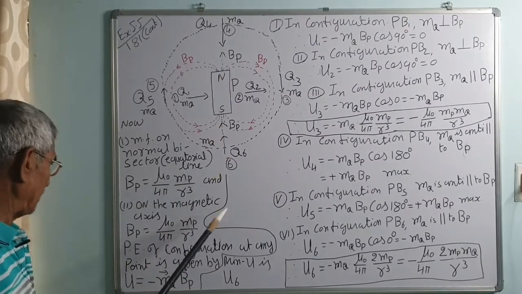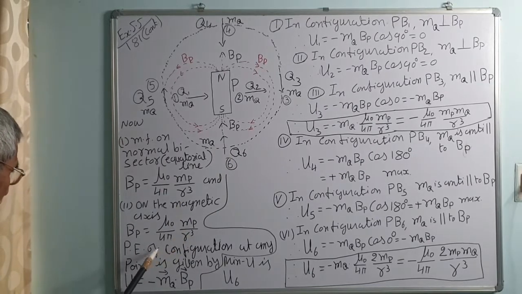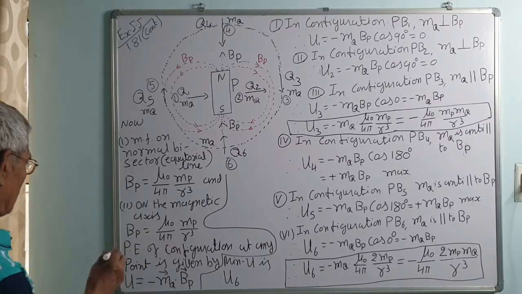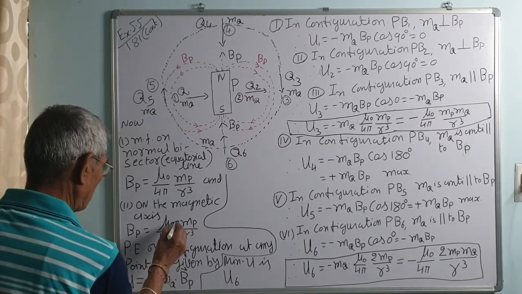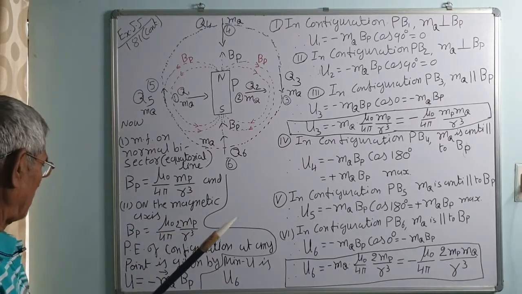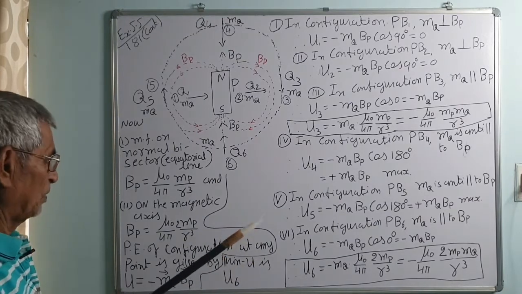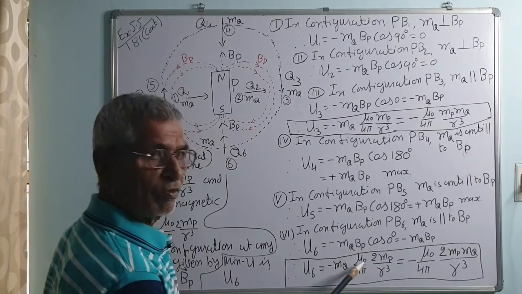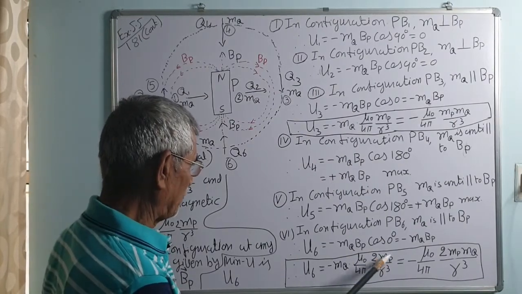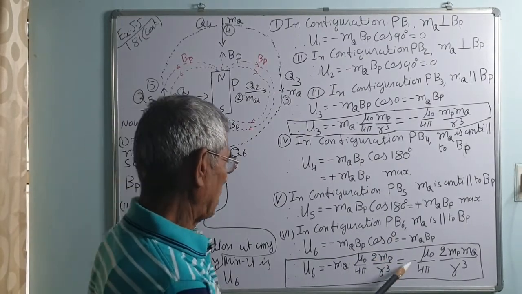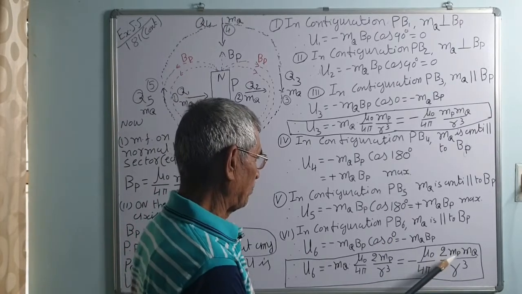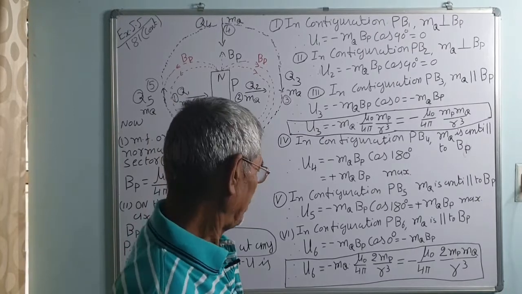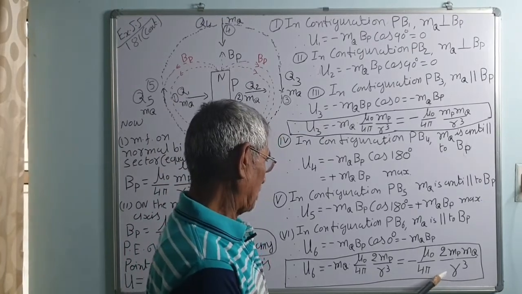So on the axis the field is just double that. On the axis BP is equal to mu 0 upon 4 pi 2 MP upon r cube. So it is double, therefore MQ into BP is minus mu 0 upon 4 pi 2 MP MQ upon r cube, for a small dipole at a large distance.